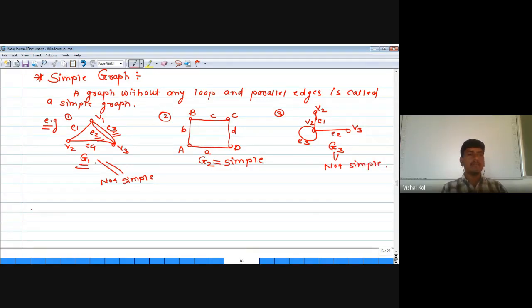Okay, now the next definition will be multigraph.